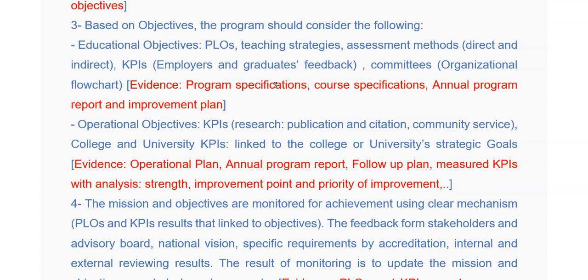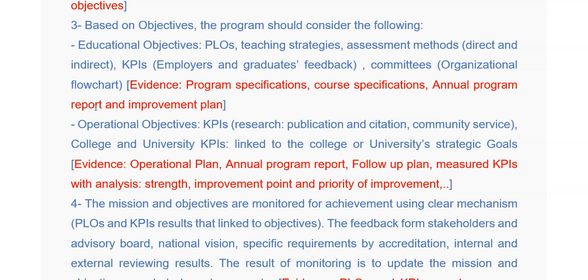And based on the achievement of program learning outcomes, you are trying to achieve your educational objectives, as we said before.